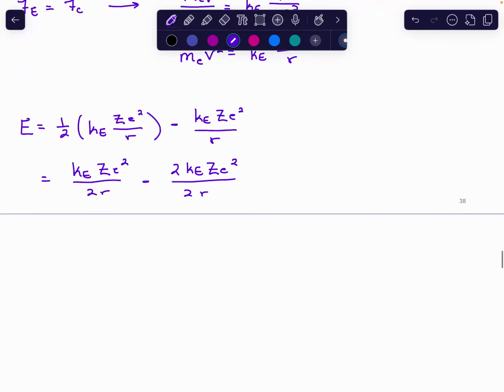And so our energy is going to come out to be a negative. So this is going to be a 1 minus 2, so it's a negative KE Z E squared over 2R.